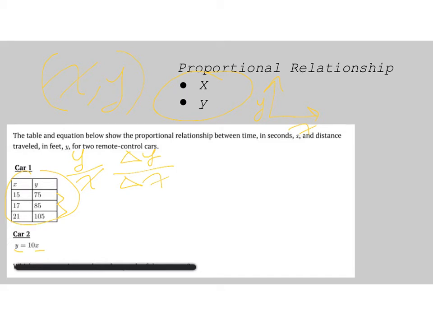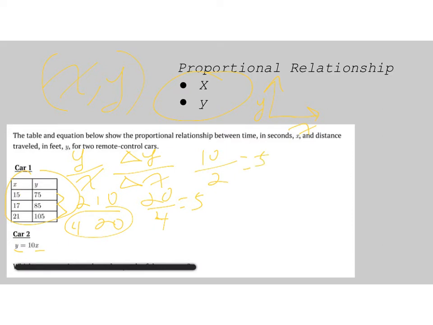When we do that, 75 to 85 is 10. 85 to 105 is 20. 15 to 17 is 2. And 4. Well, 20 divided by 4 is, wow, 5. 10 over 2 is 5.